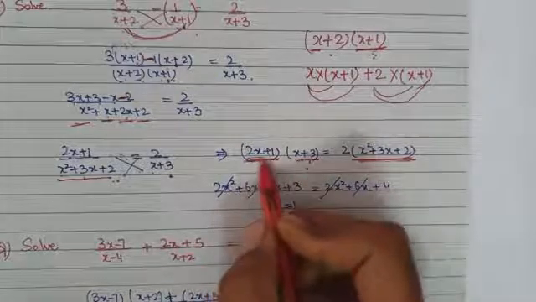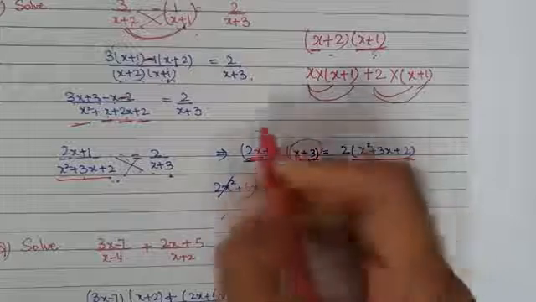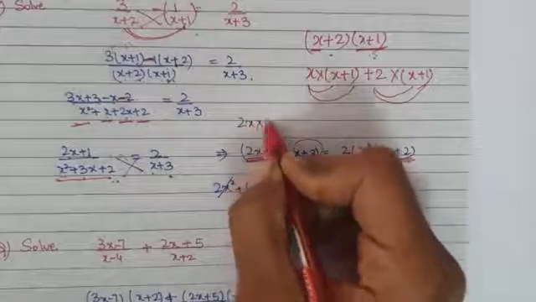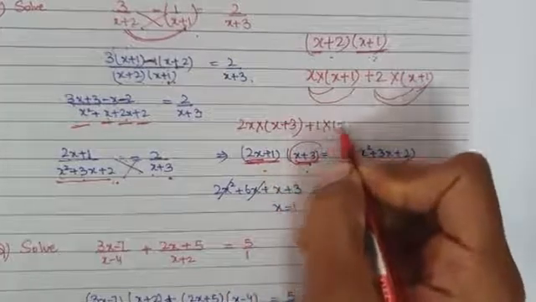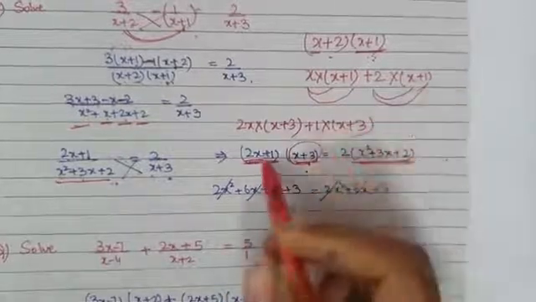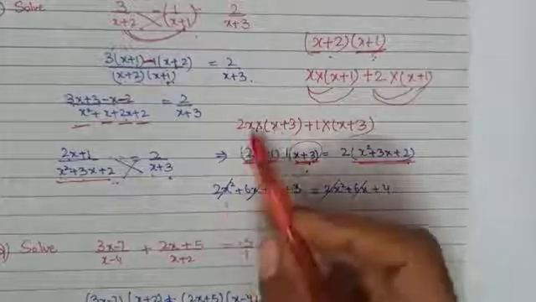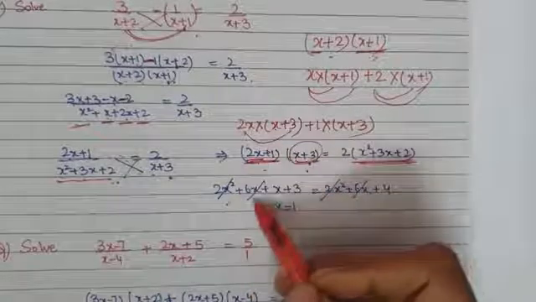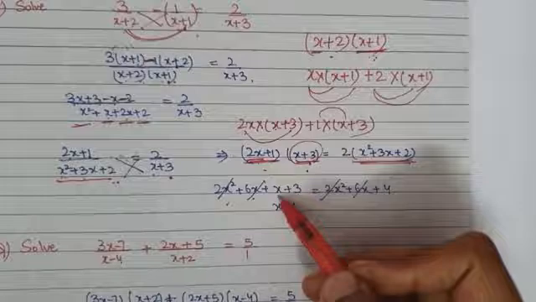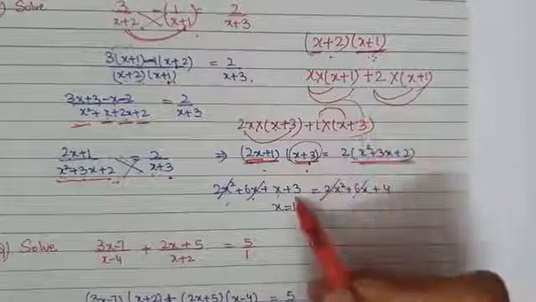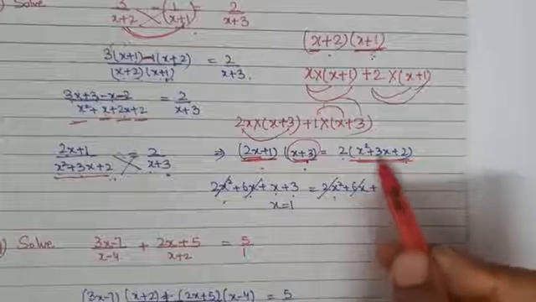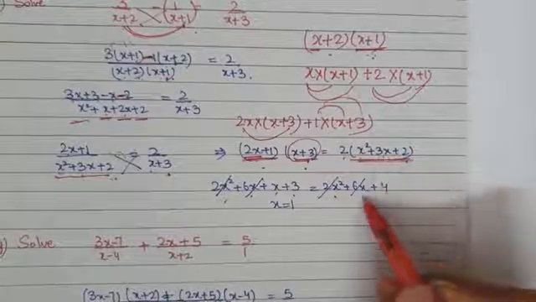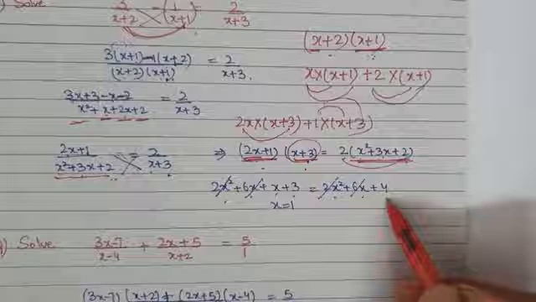So 2x multiply x plus 3 plus 1 multiply x plus 3. We get 2x square plus 6x plus x plus 3. And here also 2x square, opening the bracket, 3x, 2 into 2, 4.